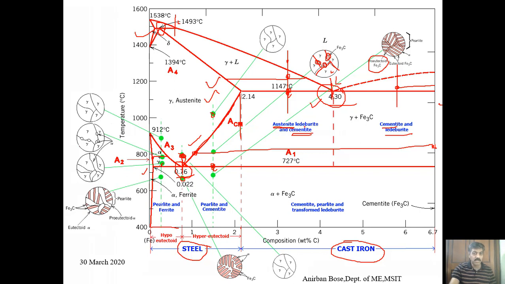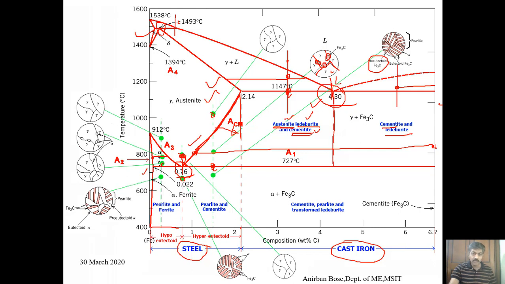Pro-eutectic austenite will be there, ledeburite will be there, and cementite will be there, because gradually the solubility of carbon in iron is decreasing. That is why the cementite phase will come out from that phase. Okay, so that is why austenite, ledeburite and cementite will be present.